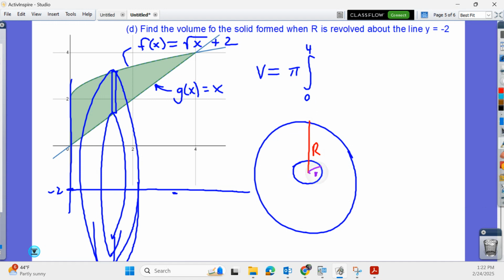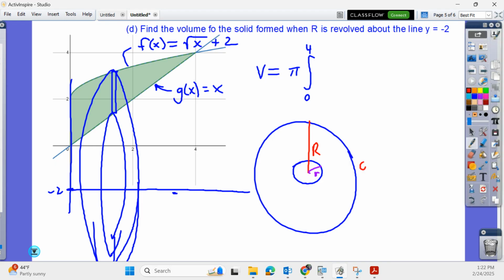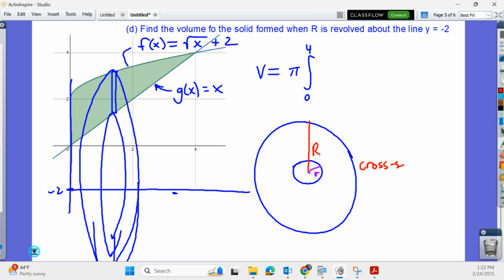That's a lowercase r I'm writing there. And so the cross-sectional area is A equals pi times big R squared minus pi times little r squared.